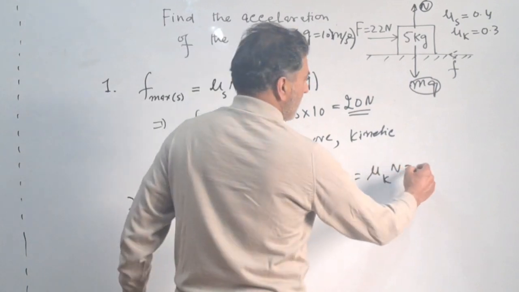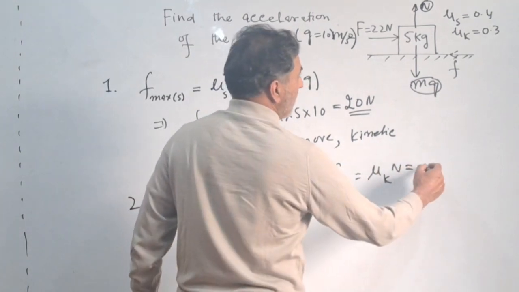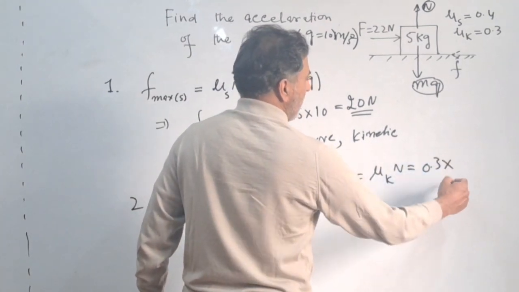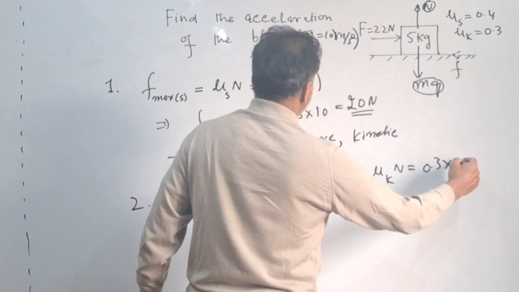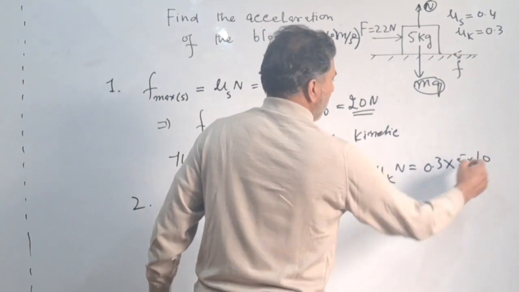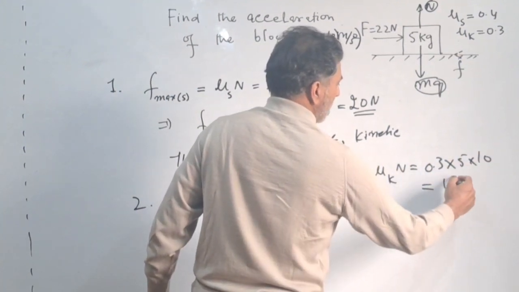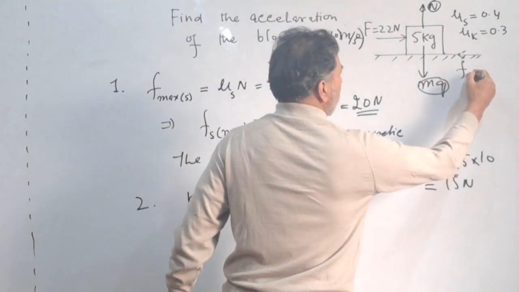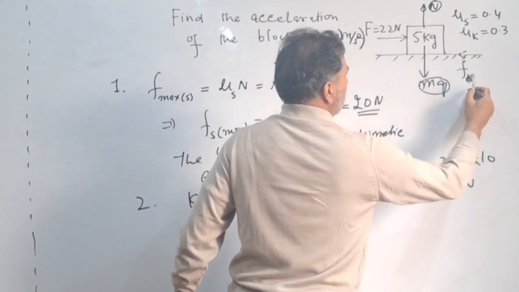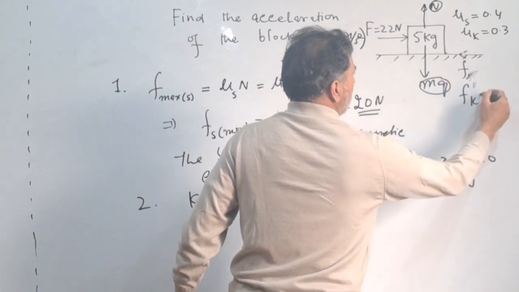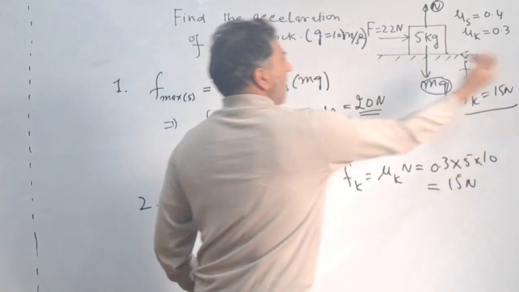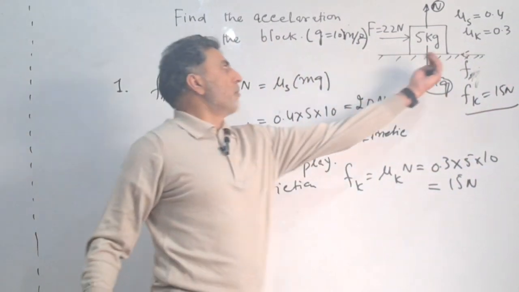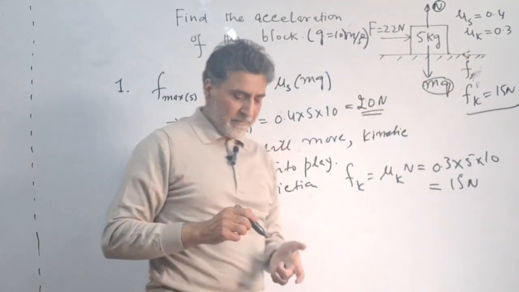So it will be mu k, that is 0.3, n is again mg, that is 5 into 10. And that will make it 15 Newton. So kinetic friction here, Fk is equal to 15 Newton. That is the backward force, opposite to this 22 Newton.